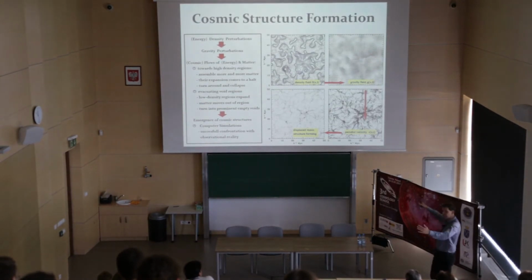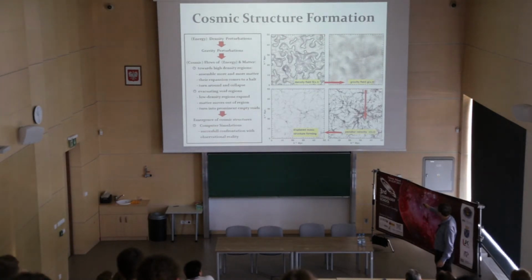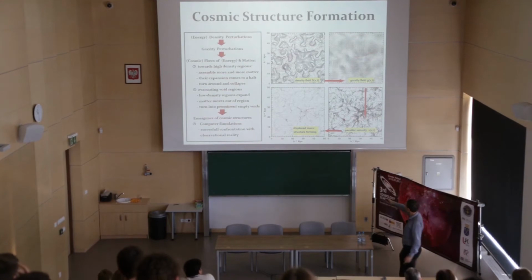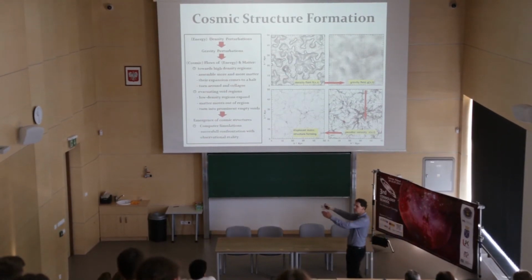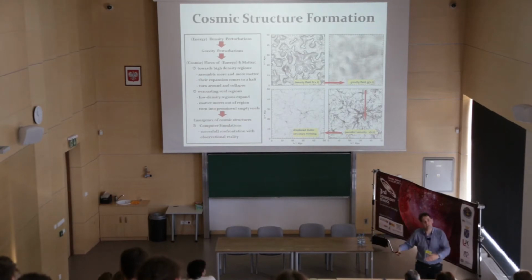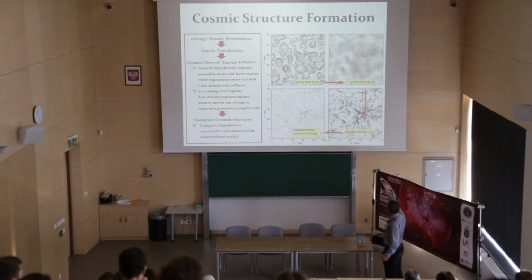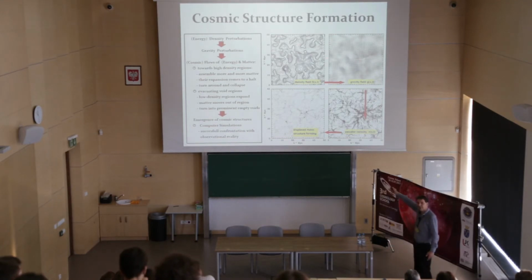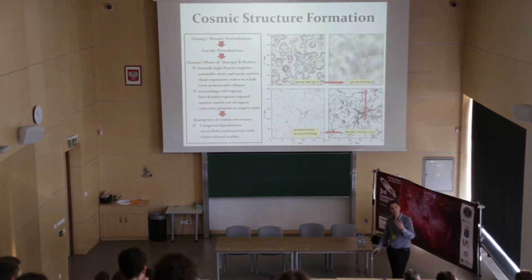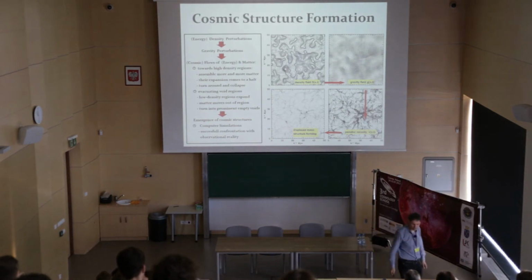The overdense ones attract more than the average. Because of that, you get a displacement of mass. Because of the displacement of mass, you build up mountains in regions where the density originally was higher. They start to grow. Therefore, again, the gravitational force becomes stronger, and you get a feedback loop like this, and that's the formation of structure in the universe, given you have enough material to build this up.